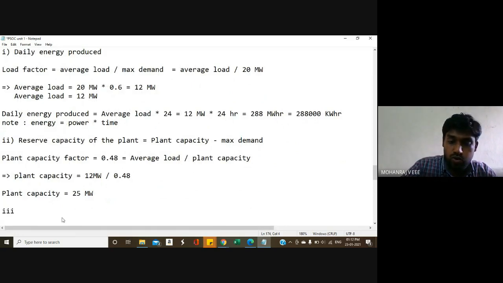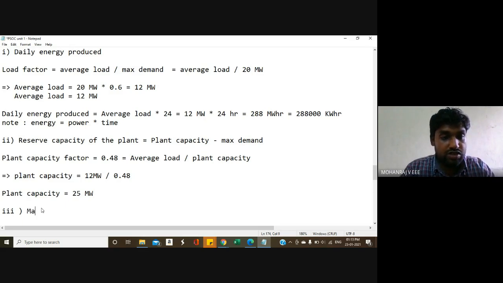Then we have one more unknown. We have two unknowns. For the third unknown, they have asked us to calculate the maximum energy that could be produced daily if the plant were running all the time.